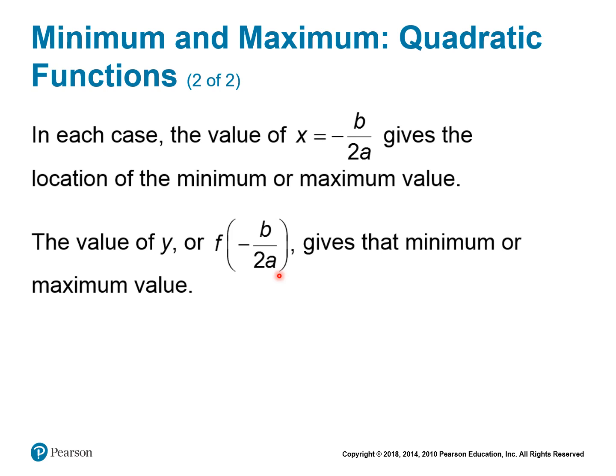The vertex, we said, is uniquely referred to with the coordinates h comma k, and k represents the y coordinate, which is f of minus b over 2a, and h is x equals minus b over 2a. So when they ask you where the minimum or the maximum value is located, please do not give the y value, or the k value.